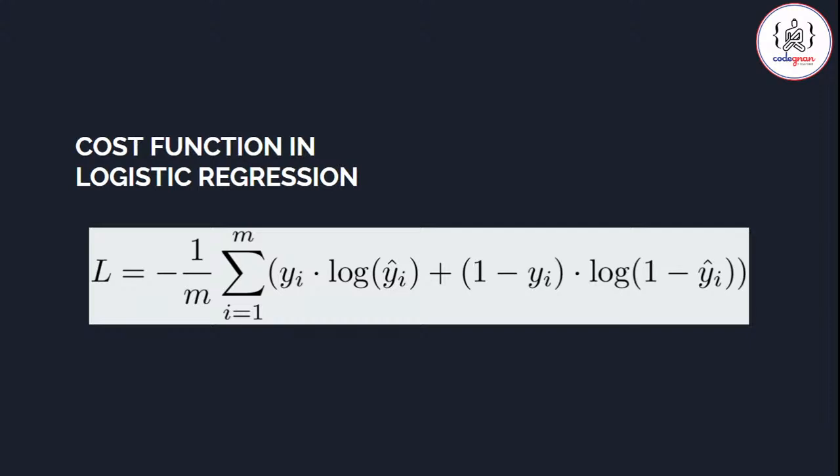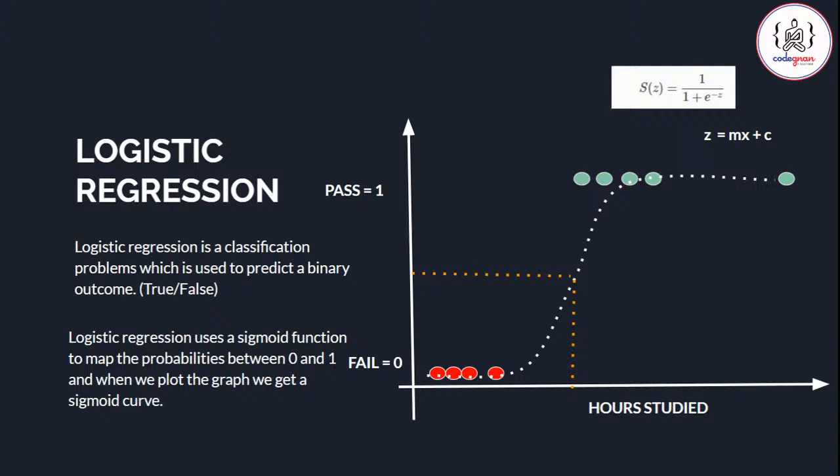So 1 minus your actual values into log 1 minus your predicted values, and by using this cost function you calculate the coefficients, that is m and c of this curve or your line.